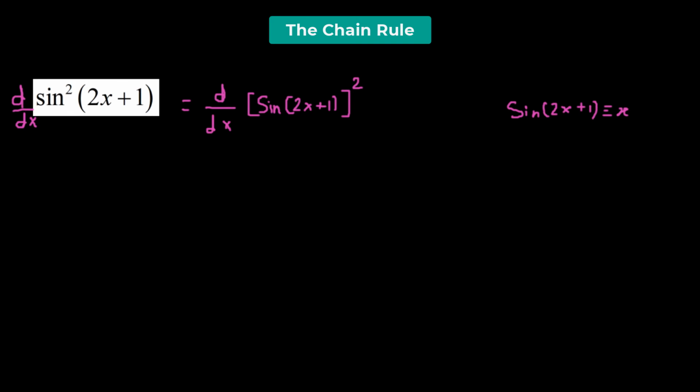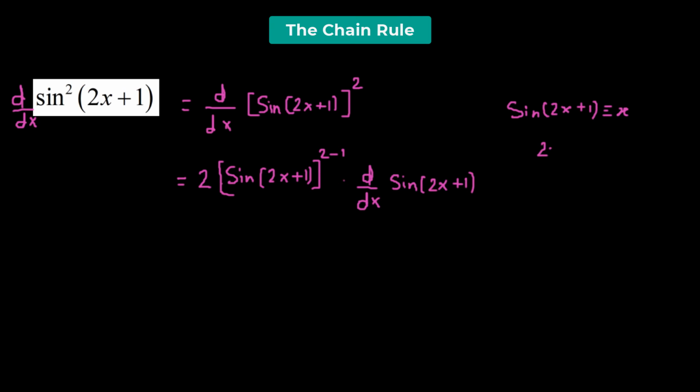So that means we have x squared, and we can apply the power rule, which gives 2 times sine 2x plus 1 whole raised to the power of 2 minus 1 times the derivative of sine 2x plus 1.